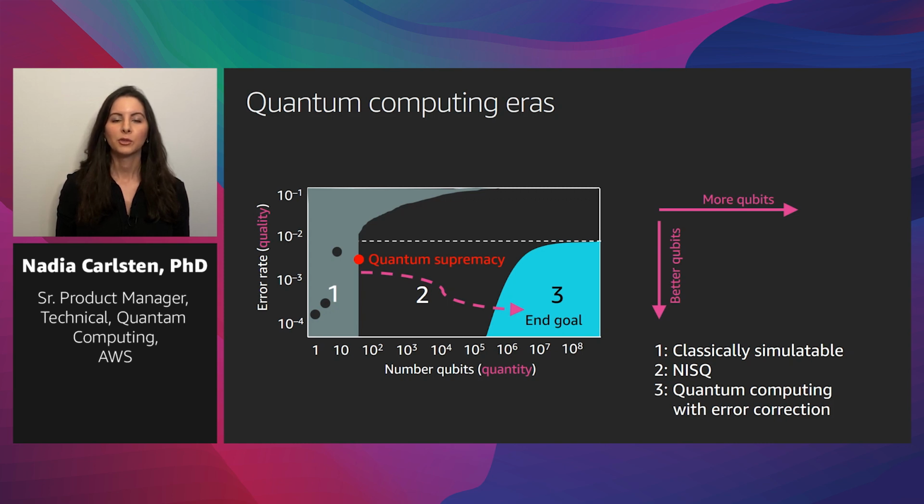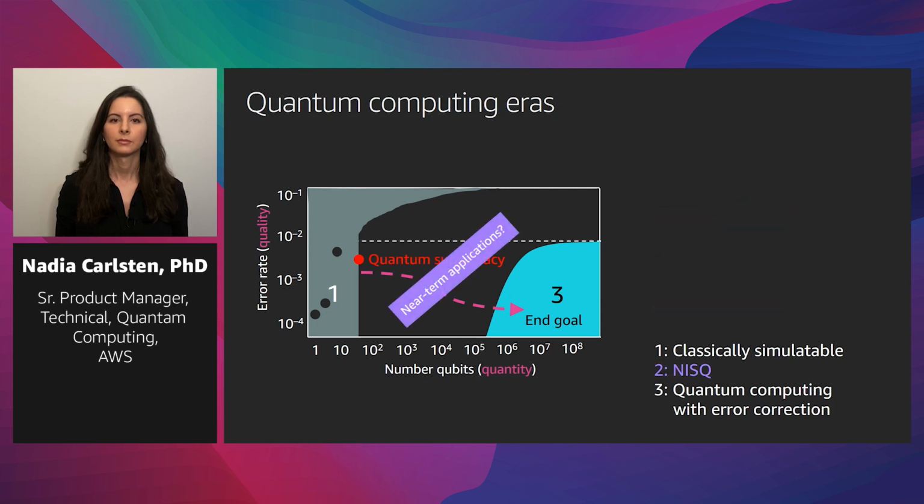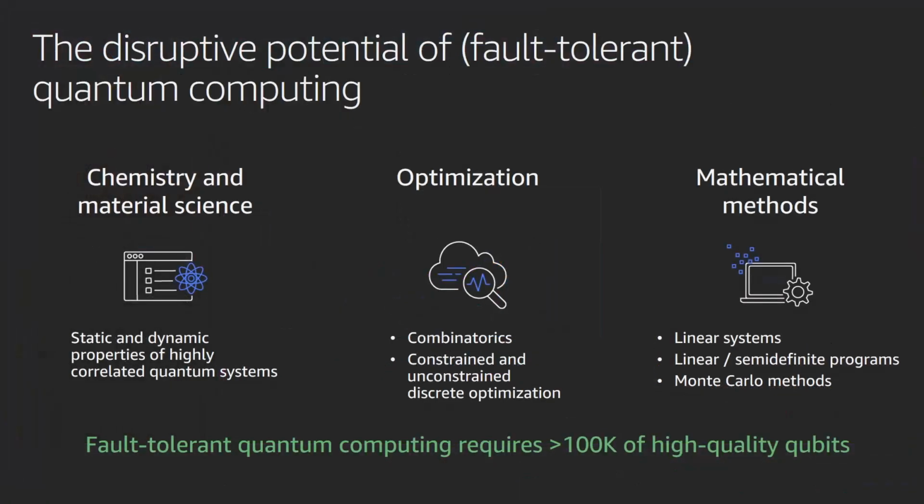To get there, we'll have to increase the number of qubits as we improve the quality of the qubits through error correction. This is where we expect quantum computers to outperform classical computers, and where there will be a provable advantage. In the meantime, we have to keep exploring useful applications that can make the best use of NISQ-era devices.